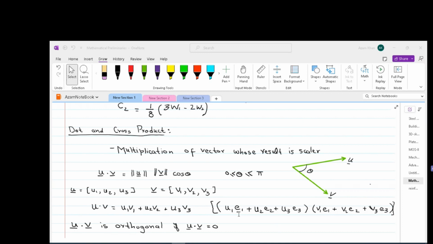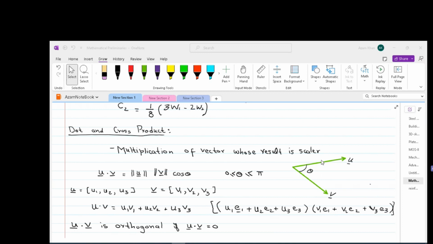two scenarios. Either we will have a particular unit vector which is in the direction of the same unit vector, or we would have a particular unit vector which is orthogonal to another unit vector. As we have said, the dot product of two vectors is equal to the magnitudes of the two vectors times the cosine of the angle between them.